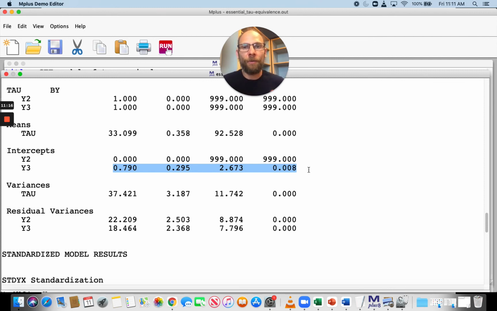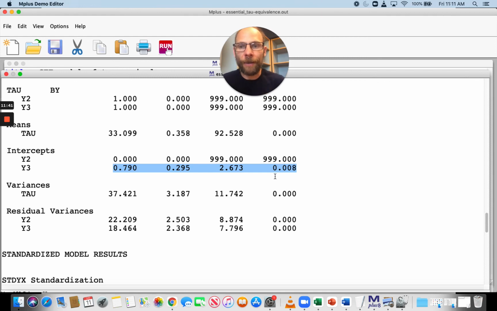And so that shows you why the model of tau equivalence didn't fit, because this mean difference is statistically significant, and that was what led to the significant chi-square test with the model of tau equivalence, where we implied equal means. Now we're no longer requiring equal means, and we can see that that's better because that mean difference is significant.